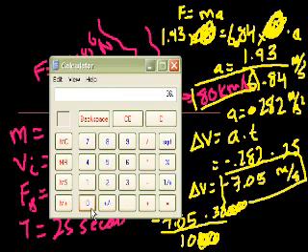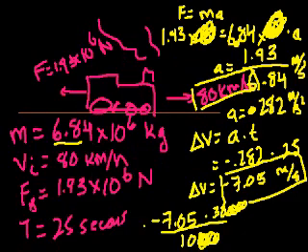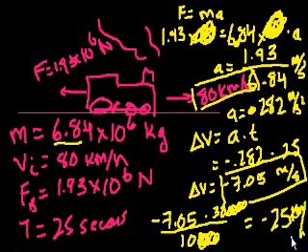I just got rid of zeros. I'll write the zeros there just so you don't get confused. Divided by 1,000. Equals 25.39 kilometers per hour. So I'll just round to 25 kilometers per hour. So the change in velocity is minus 25 kilometers per hour.